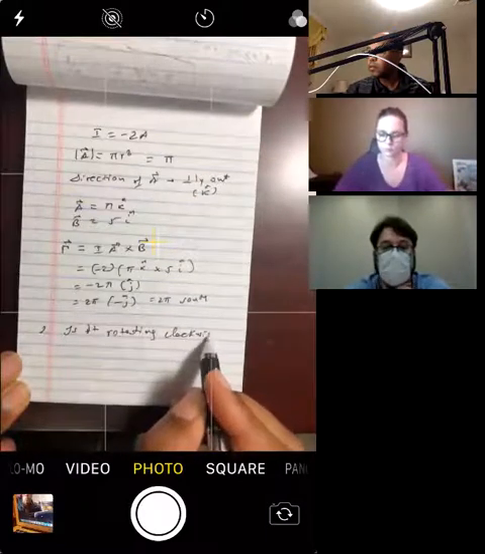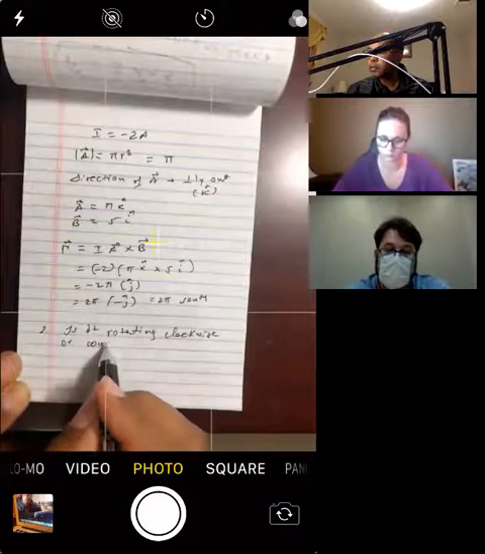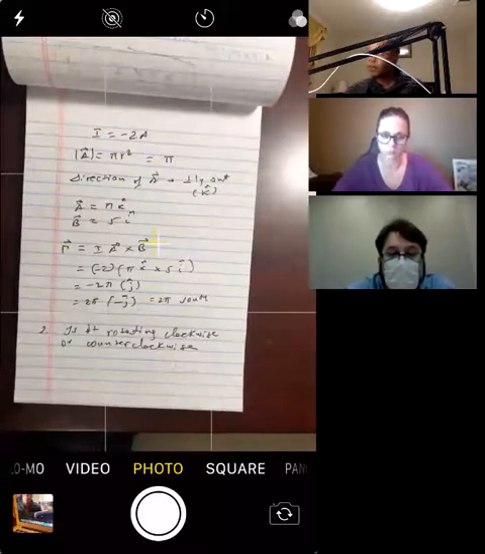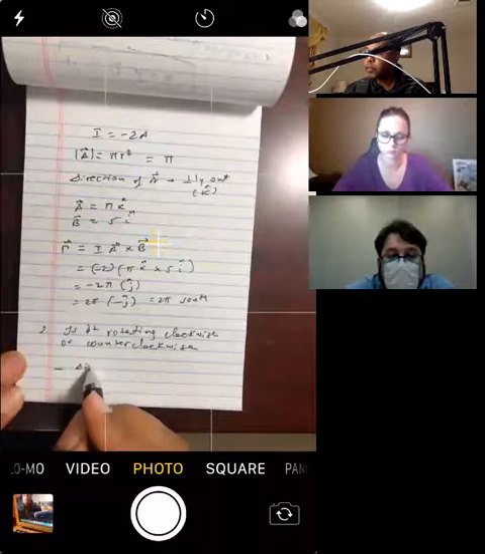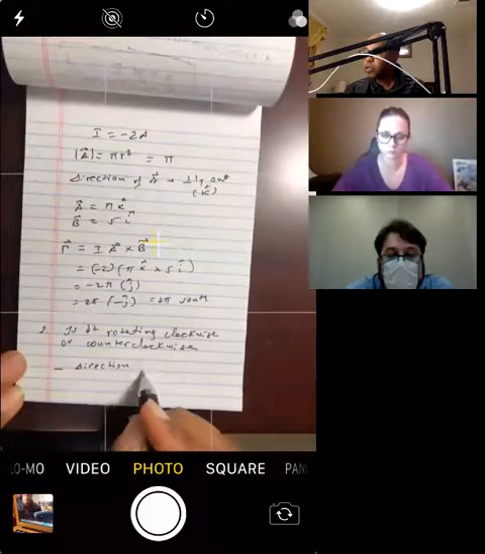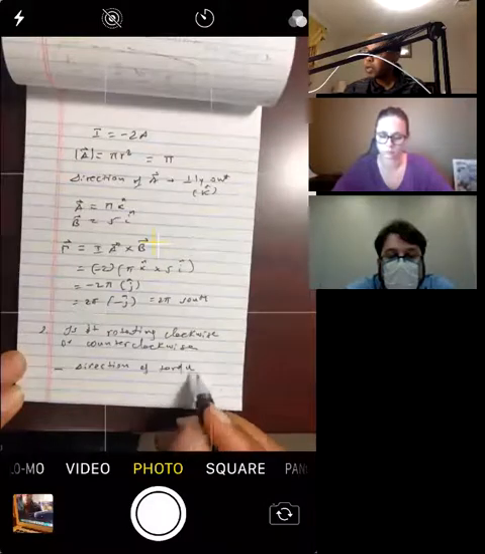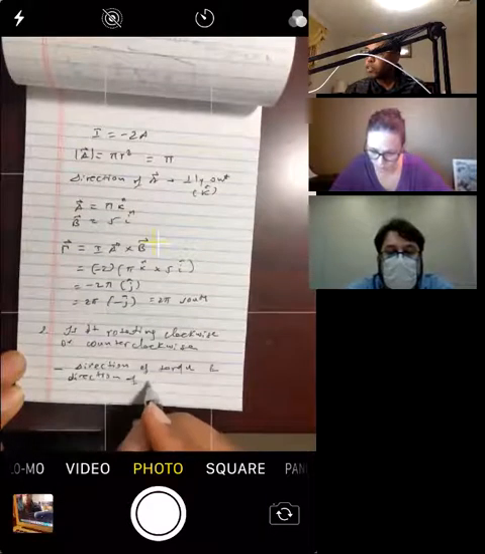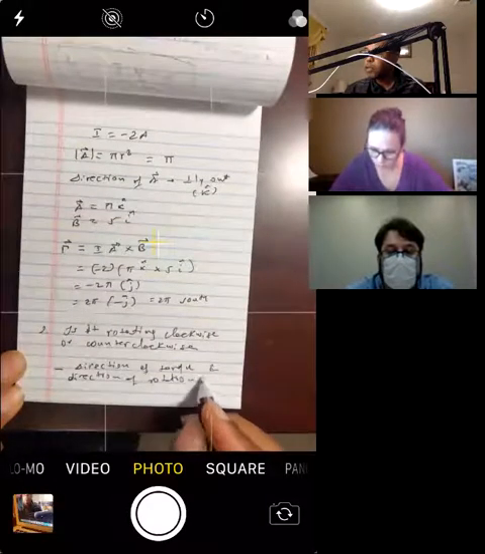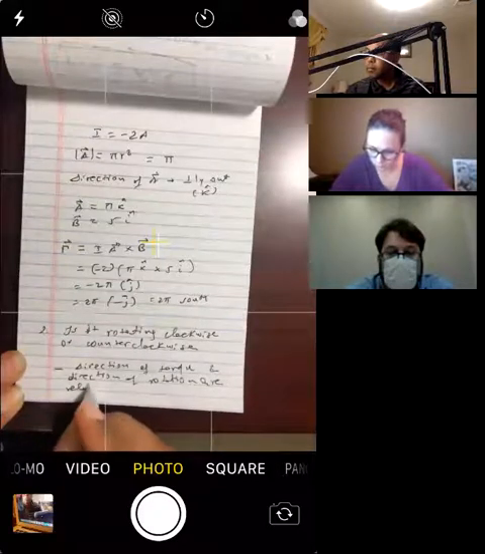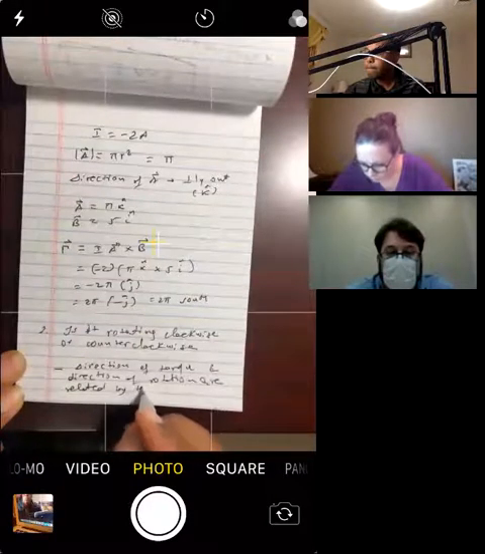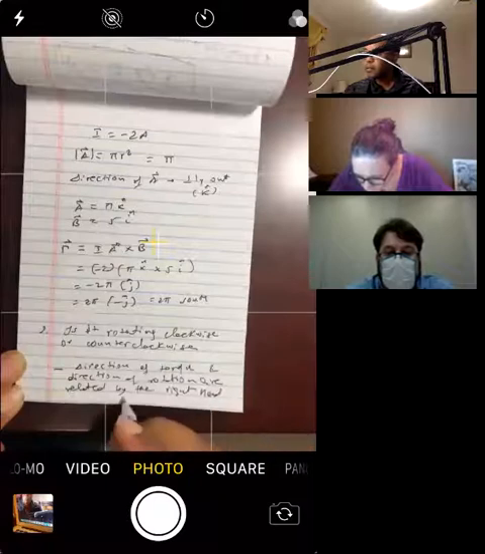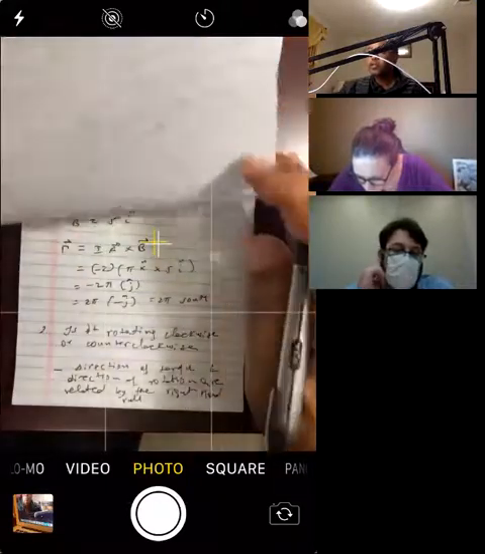Let's say the direction of torque and the direction of rotation, whether clockwise or counterclockwise, are related by the right-hand rule. So do you think it's rotating clockwise or counterclockwise?